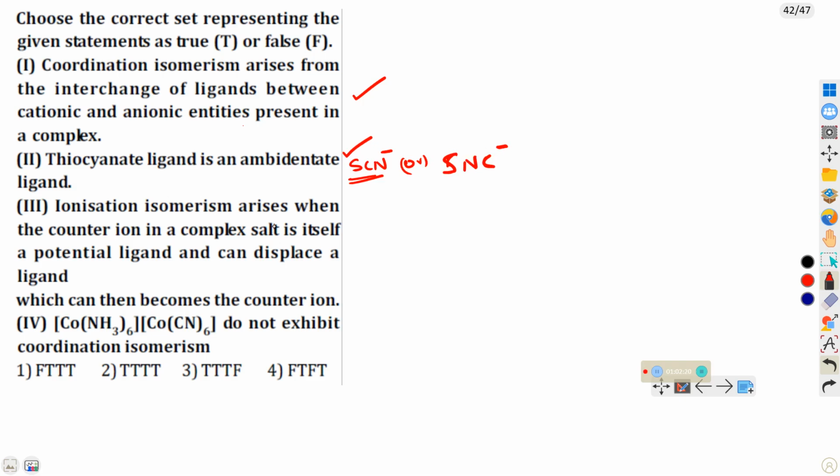Ionization isomerism arises when the counter ion in a complex salt is itself a potential ligand and can displace a ligand. Yes, correct. Co(NH3)6 Co(CN)6 does not exhibit coordination isomerism. This is wrong; it exhibits coordination isomerism, interchanging of ligands. True, true, true, false. Third option.